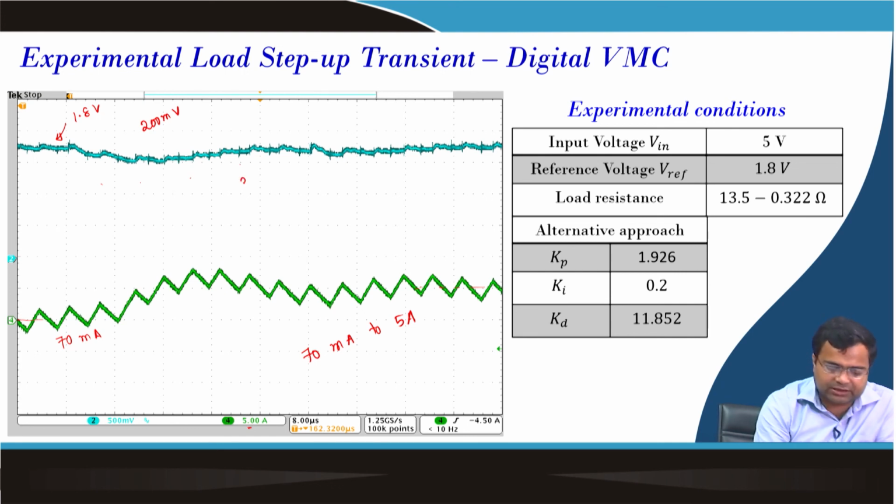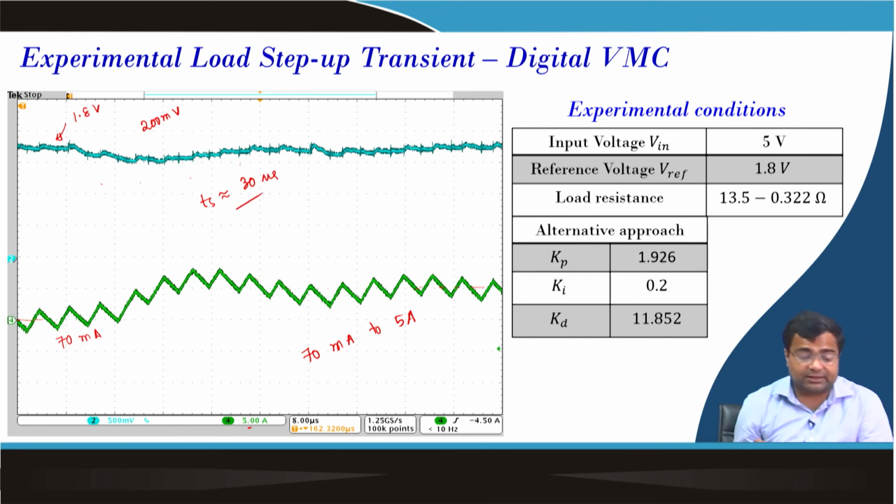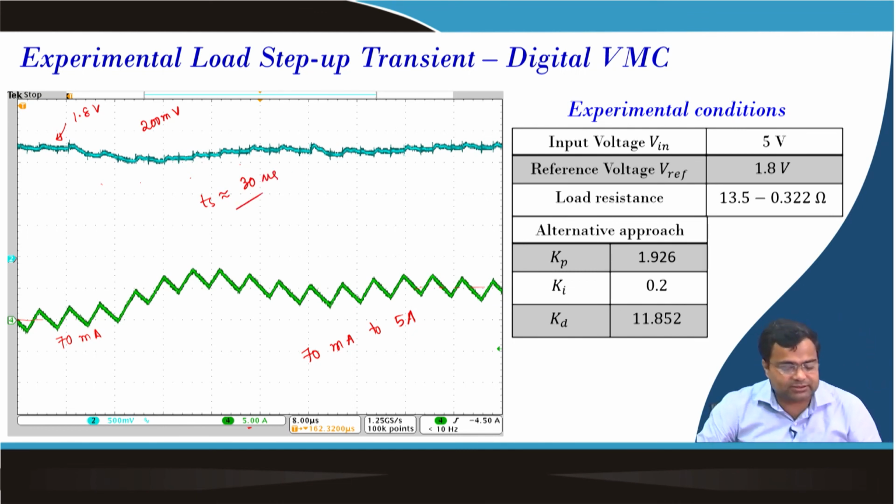That means the settling time is roughly around 30 microseconds, so 6 cycles. So, it is a well damped response even for a large load step transient. So, we can achieve very nice transient performance by this alternative approach.